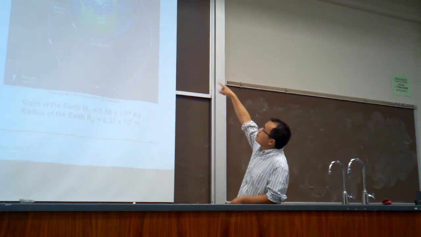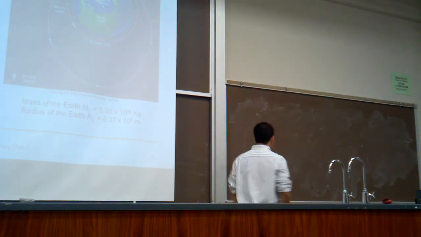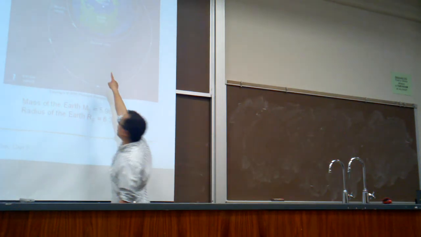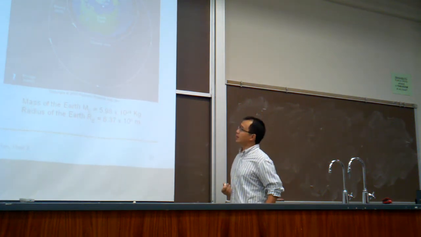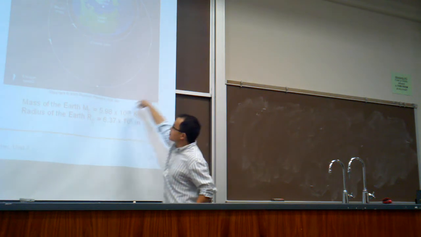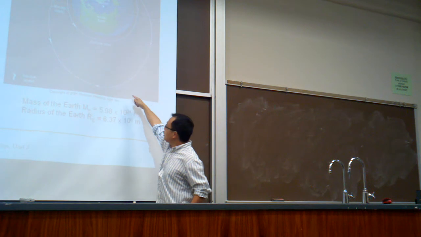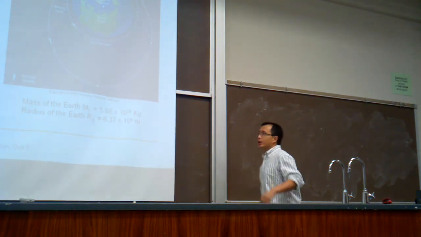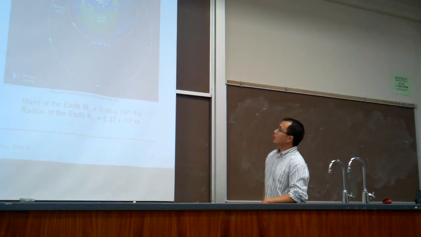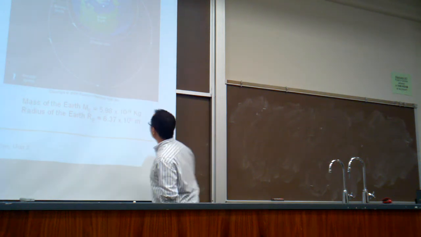With small initial velocity, it will still fall down on the ground, but with some larger velocity, it will form some circular orbit. If you increase the velocity even more, it will form some oval, ellipse motion, but it's still moving around the Earth.